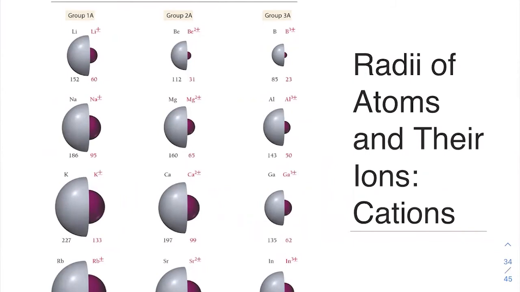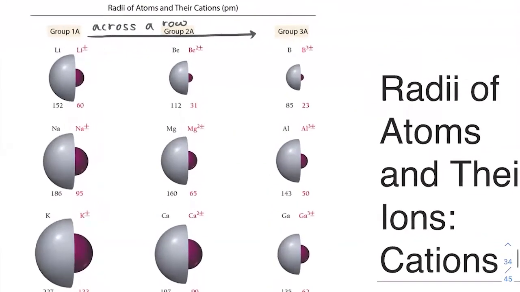The radii of atoms, as we move across left to right on the periodic table, across a row, we picked out here group 1, 2, and 3 just to show the similarities amongst these, but it would extend all the way across to group 7A or 17, the halogens. And what do we notice? 152, 112, 85. These are in picometers.